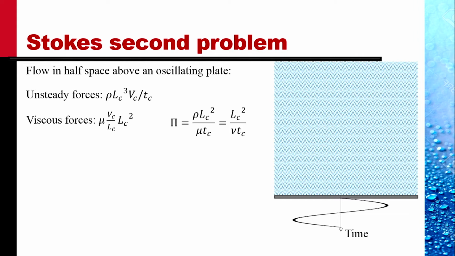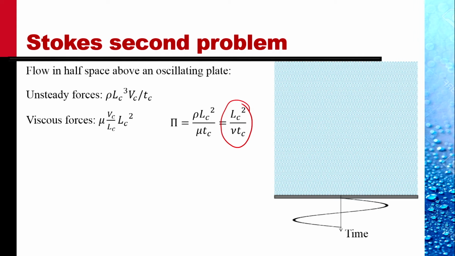Here again, the unsteady forces and the viscous forces are of significance, and in the same manner as we did before, we obtain the pi number Lc squared by nu Tc. Now, since both kinds of forces must be there in the flow, none of these forces can be neglected.